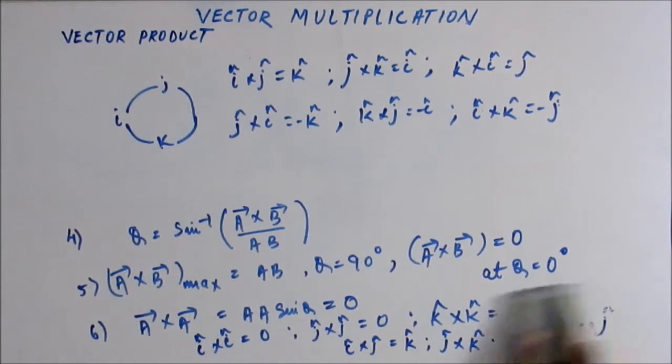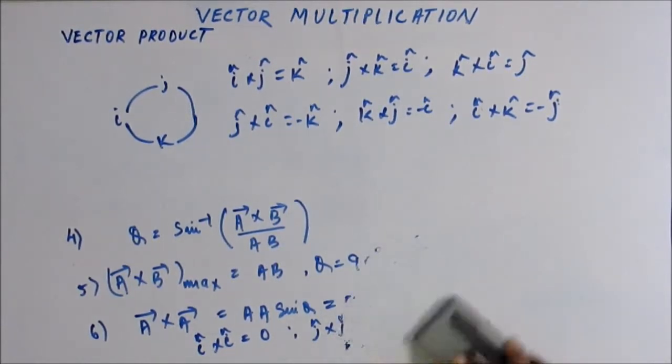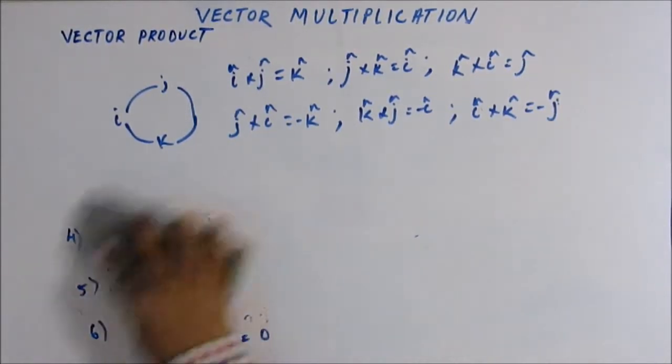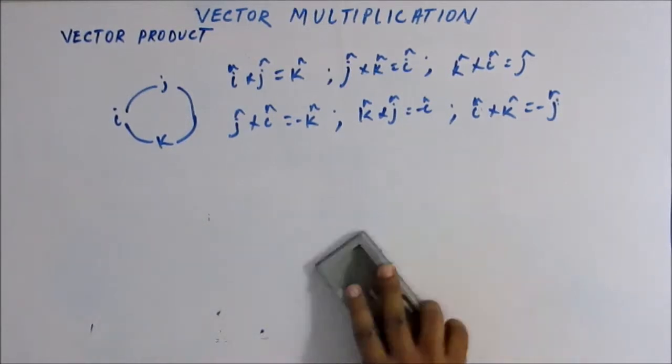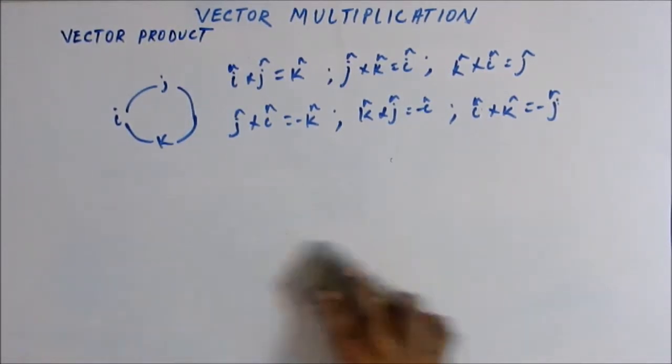Okay. Now, if we have vectors, just as we did the dot product of them, let's do the cross product for them.